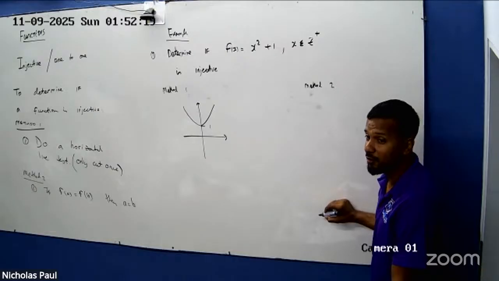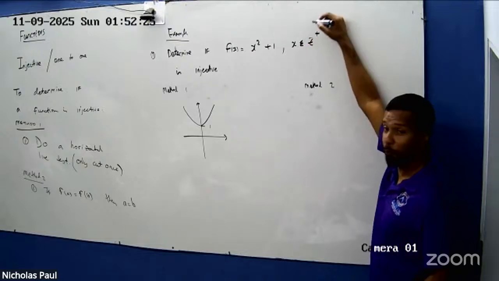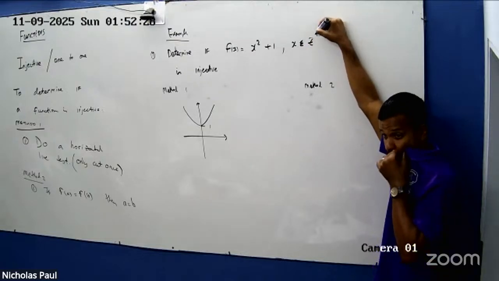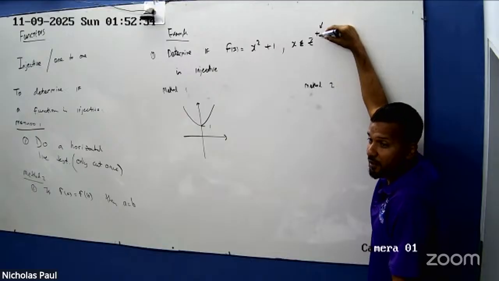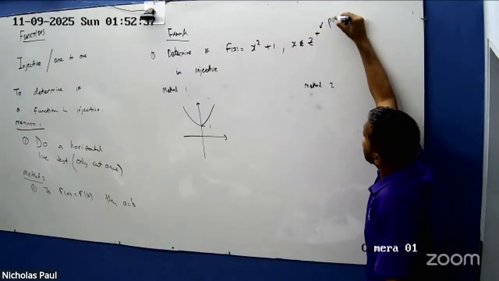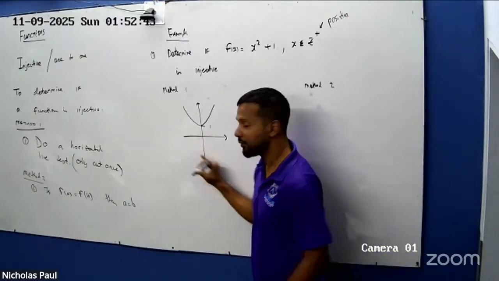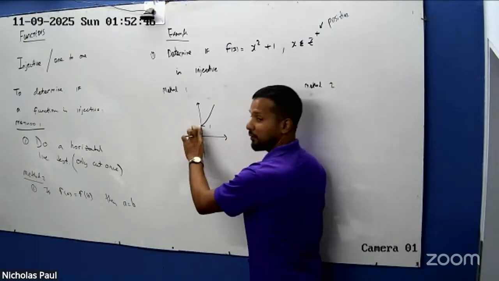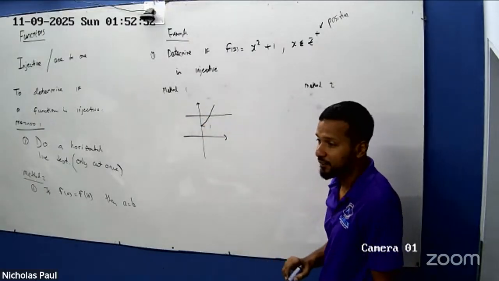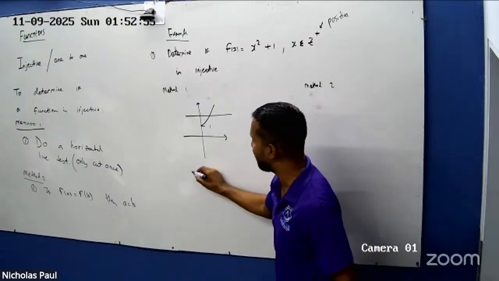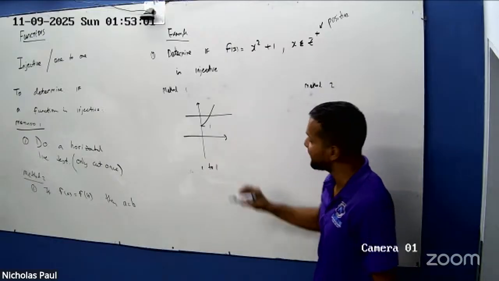No, it went up 1. What does this say here? X is all the positive integers. So should the graph exist on this side? No. So that is the graph. If I do the horizontal line test, will it pass? Yes. So therefore, 1-to-1, because it passed the horizontal line test and cuts once.